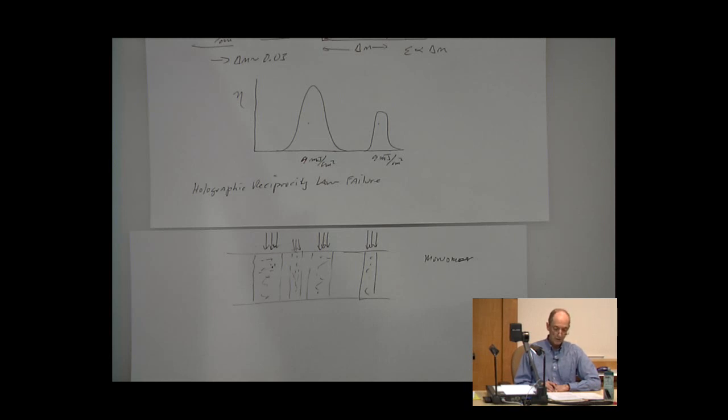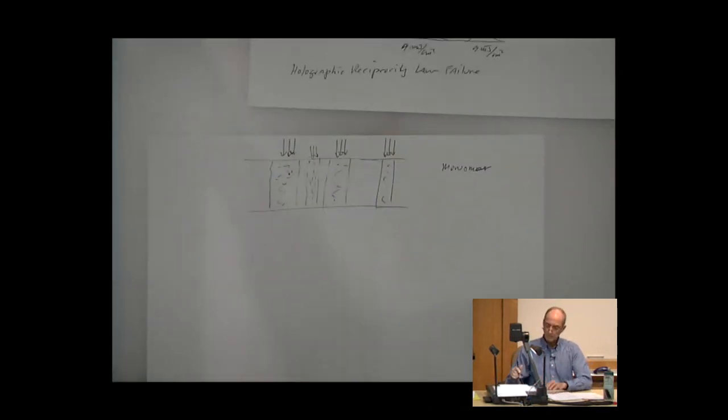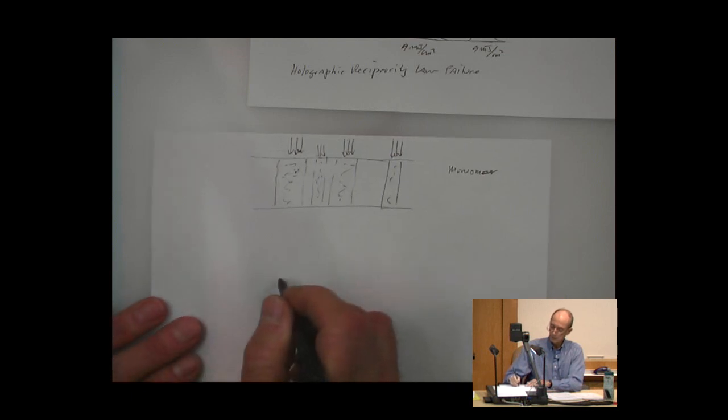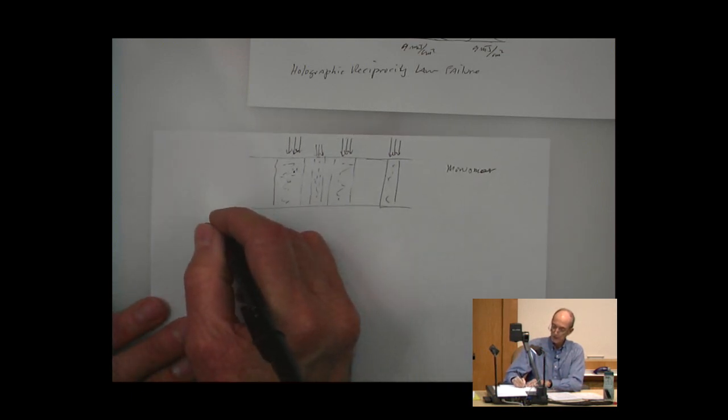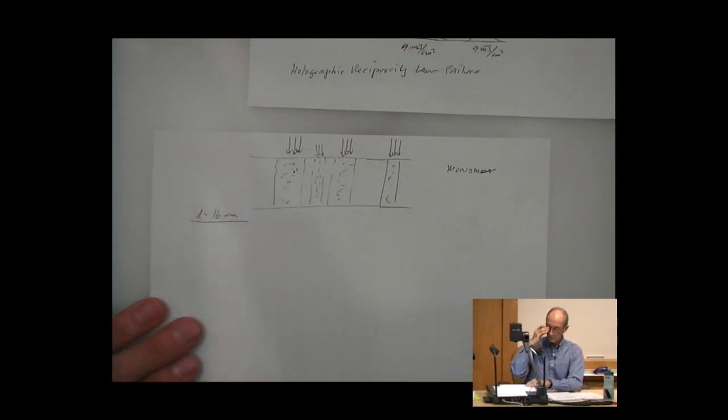All right. So for the multiplexing experiment, we'll use the bare material. The thickness again is about 16 microns for the bare material.